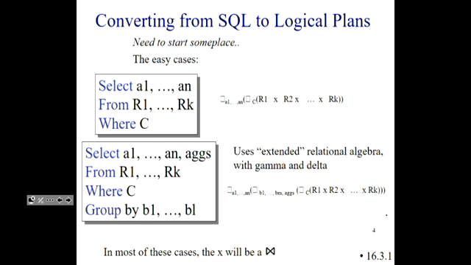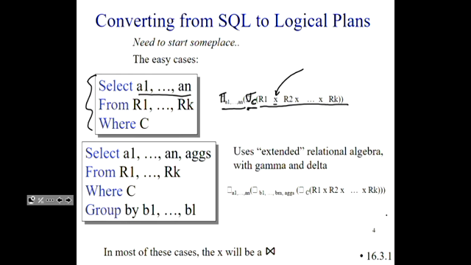The easy cases are the select-from-where clauses, and in this case my transformation is simply a cross product of R1 through RK, followed by a selection with condition C, followed by a projection onto the attributes A1 through AN. Simple enough. This cross product could be replaced by a theta join if we want to. That would be equivalent, but for now I'll stay with a cross product.